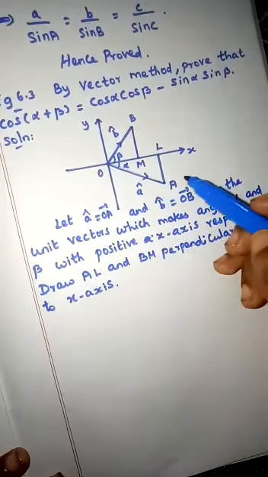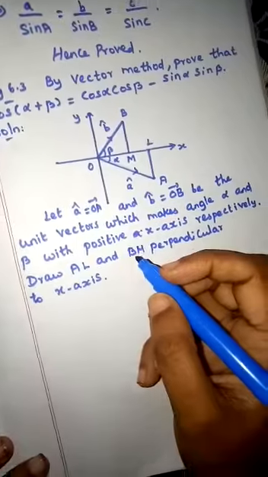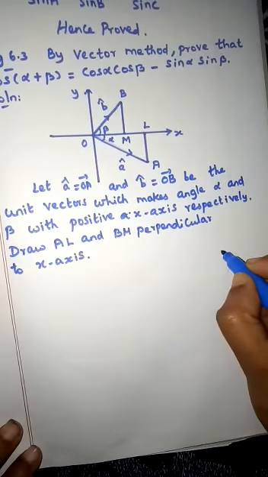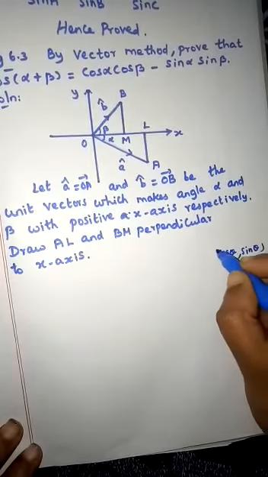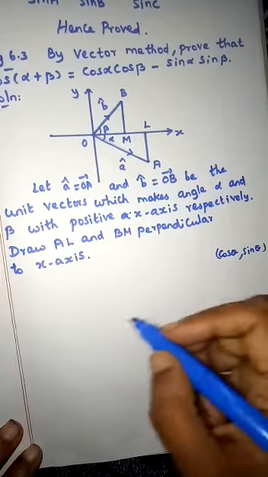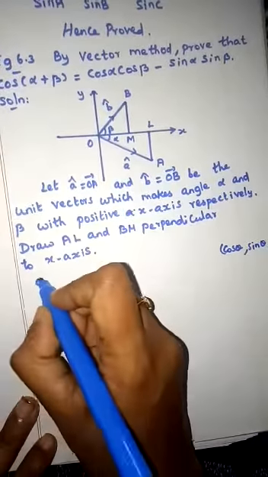Now you want to draw AL and BM perpendicular to x-axis. And listen, any point on the unit circle can be written as cos theta, comma sin theta. This concept only we are going to apply here. So A cap I am going to write first.